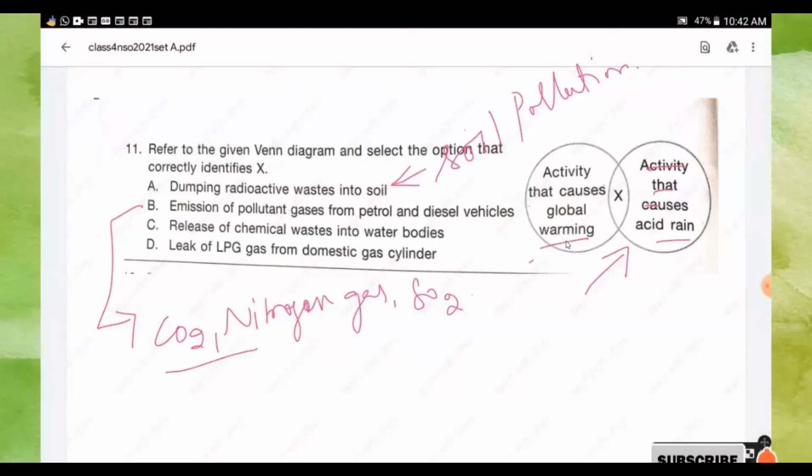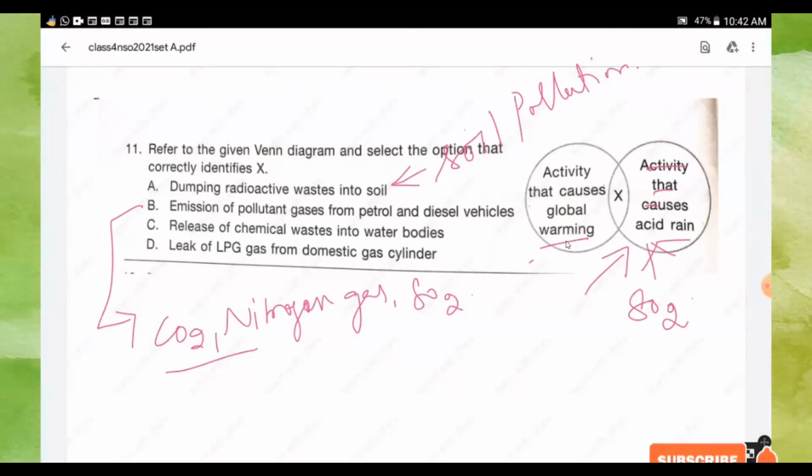Releasing SO2 into the air will cause acid rain. So the X must be emission of pollutant gas from petrol and diesel vehicles.